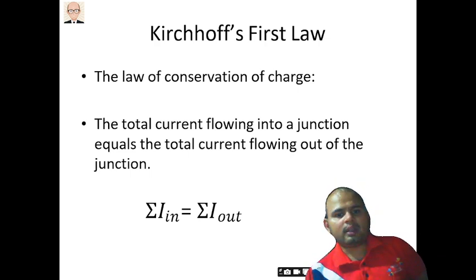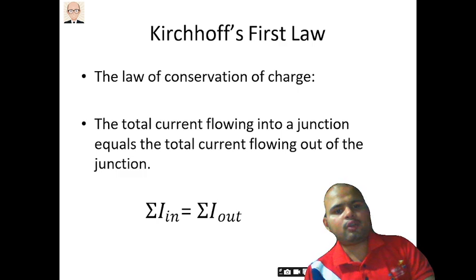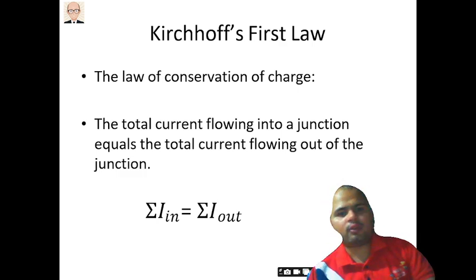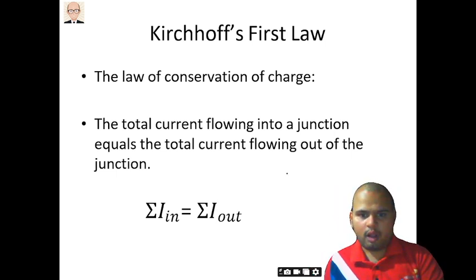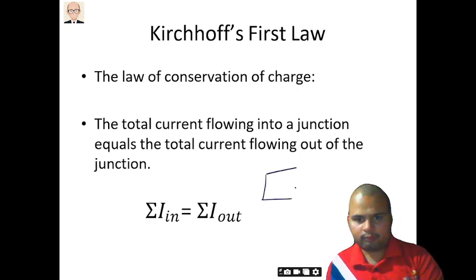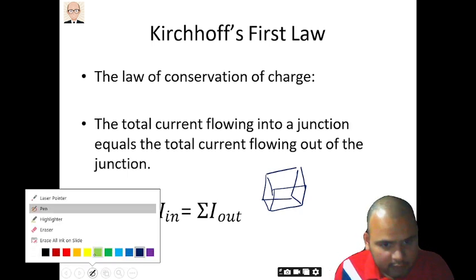As you can see, Kirchhoff's first law states the law of conservation of charge. The total current flowing into a junction is equal to the total current flowing out of the junction. You can understand this as a particular cube with a door. Let me draw with a red pen.